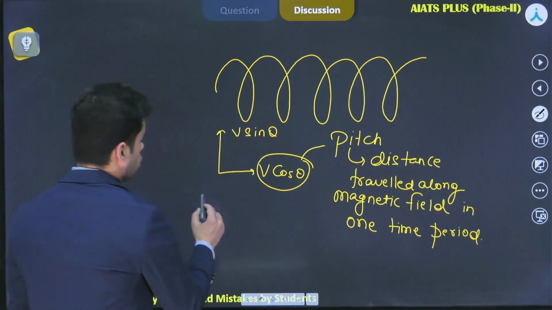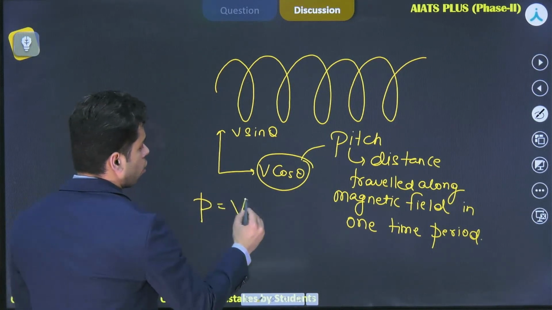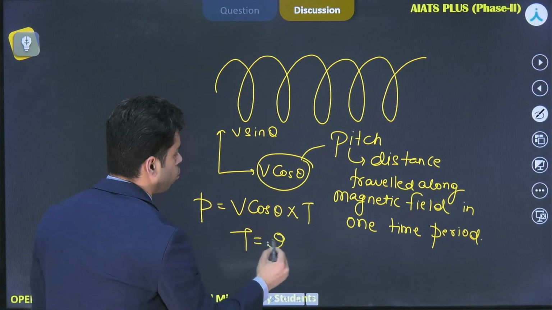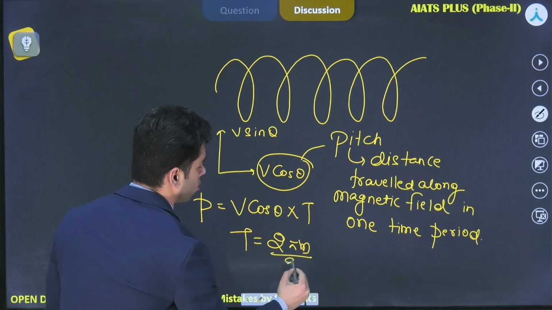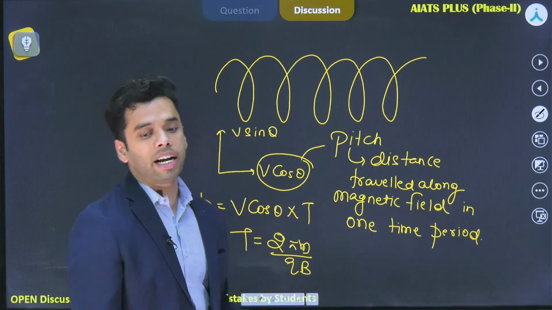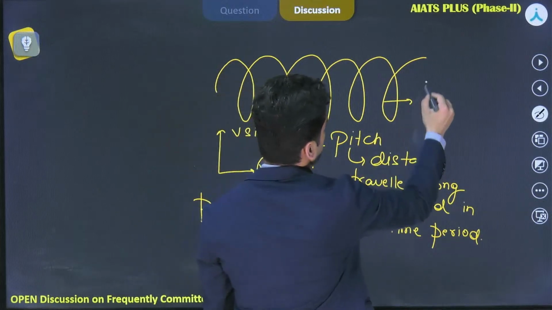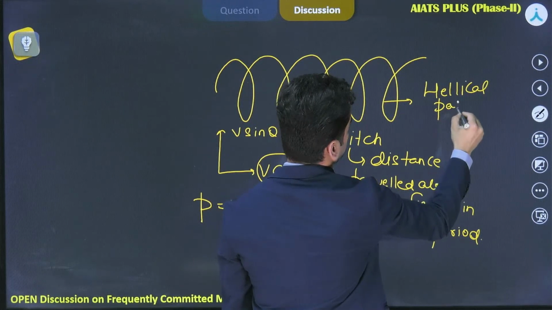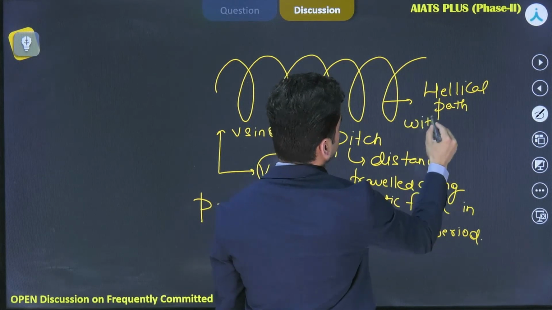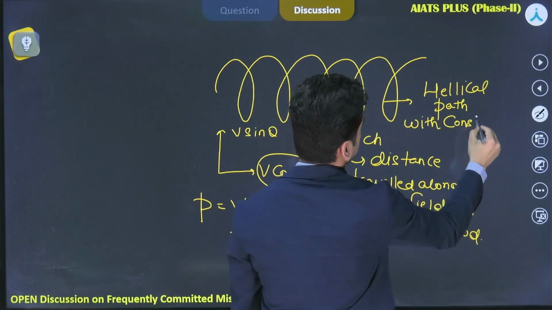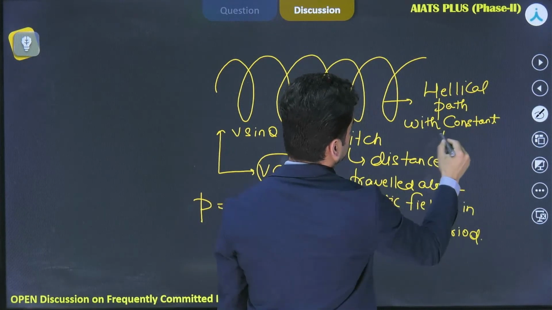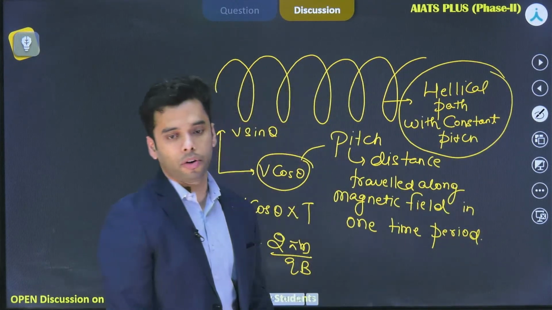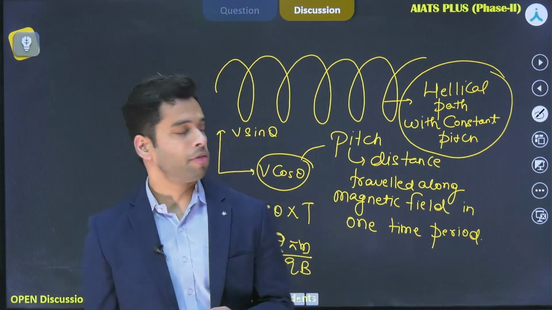So the pitch will be equal to v cos theta into time, where time will be equal to 2 pi m by qB. So for this case, it will be a helical path with constant pitch.